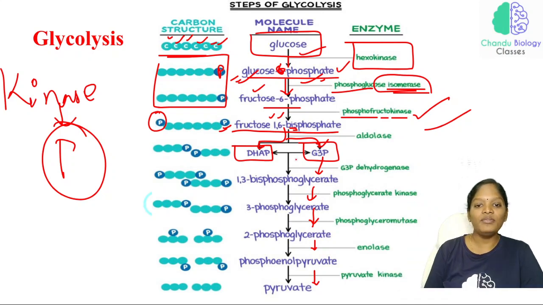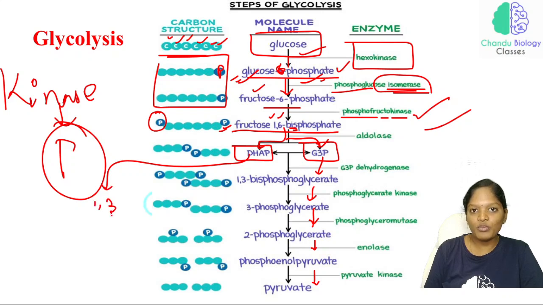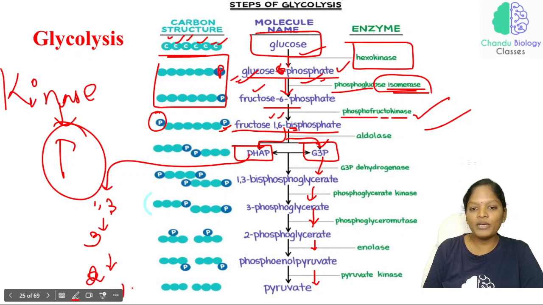In the same way, dihydroxyacetone phosphate is also converted into 1,3-bisphosphoglycerate. Then 1,3-bisphosphoglycerate is converted into 3-phosphoglycerate, then 2-phosphoglycerate, phosphoenolpyruvate and pyruvate.